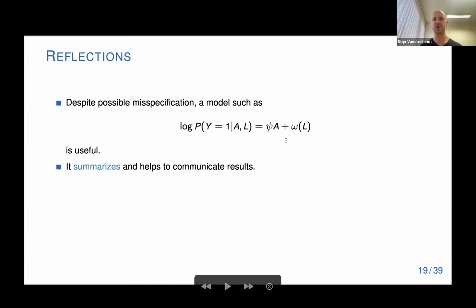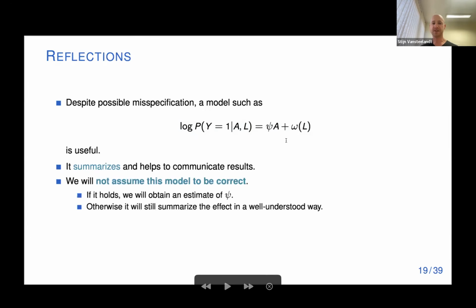But after all, I think this is also the task of a statistician: to give the results sufficient simplicity so that we can communicate them to our non-statistical colleagues. As I said, I'm not going to assume the model to be correct. If the model holds, then the approach I'll discuss will give root-n consistent estimators of psi. But if the model does not hold, we'll still understand fairly well what we're getting.